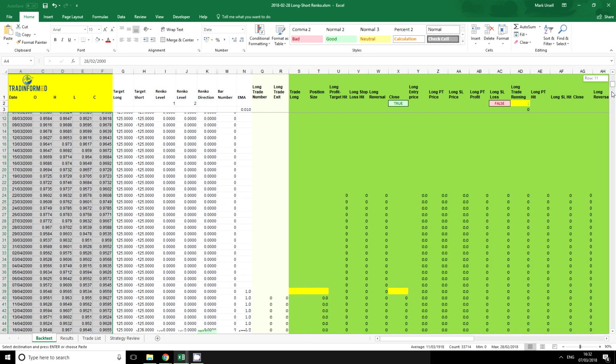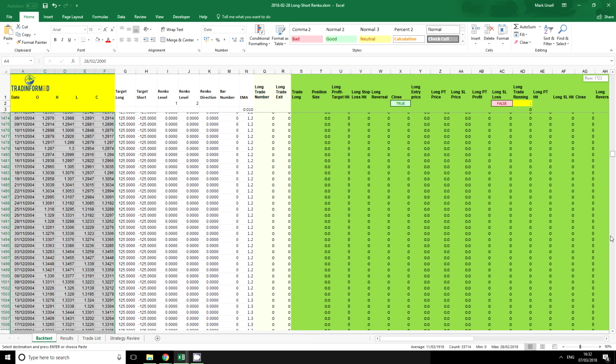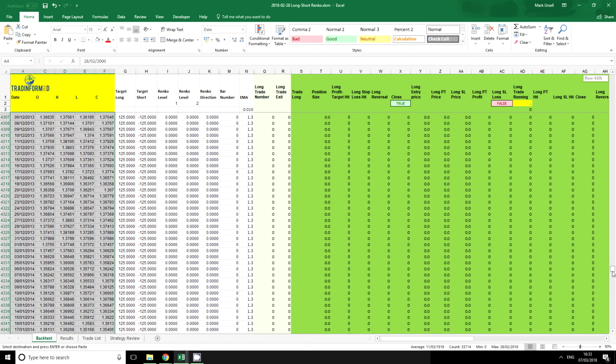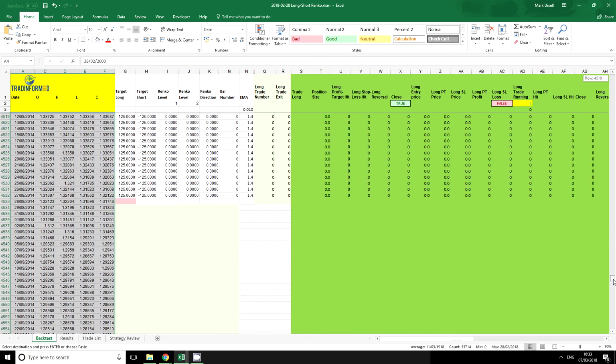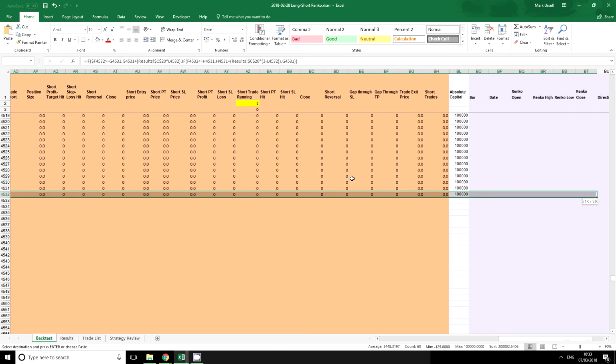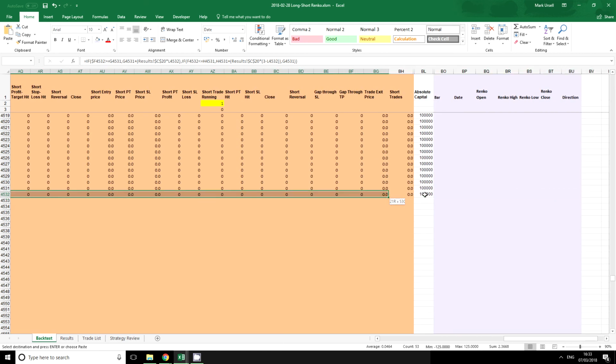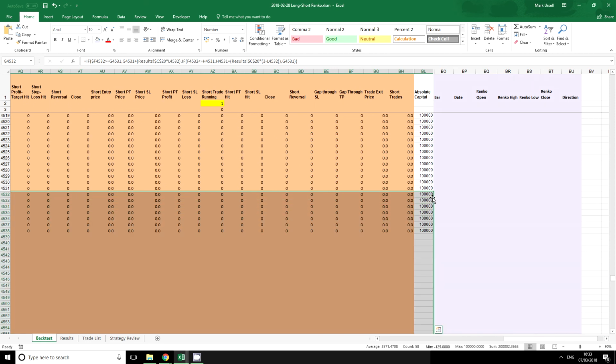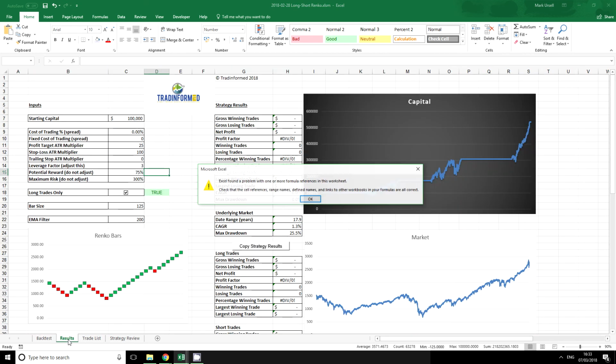Because we've now got slightly more price data than we had before, I just need to drag it down to find out where our bottom row was, highlight this and double click it down. Formulas automatically update.